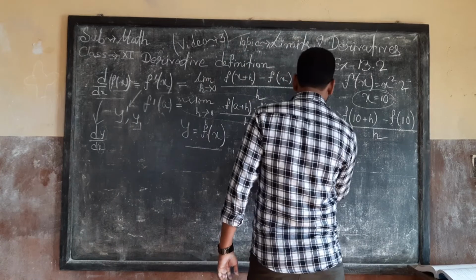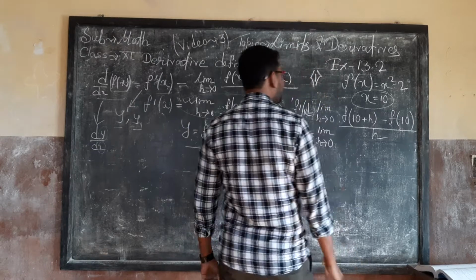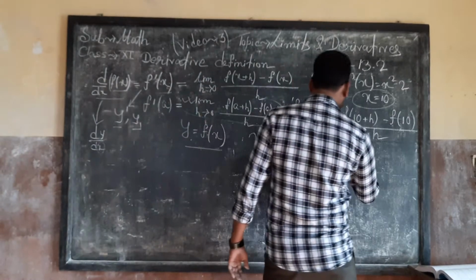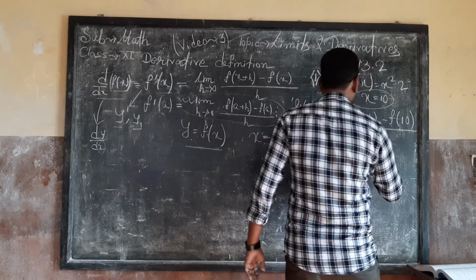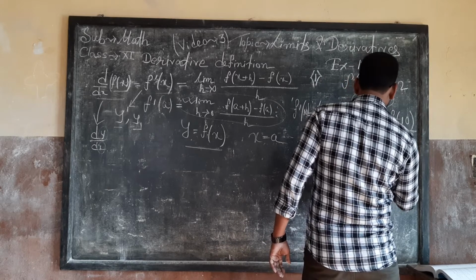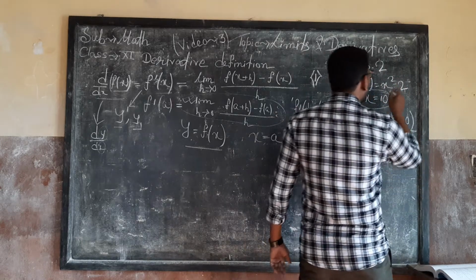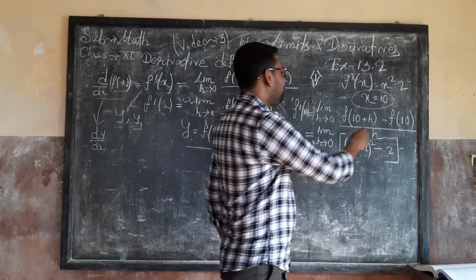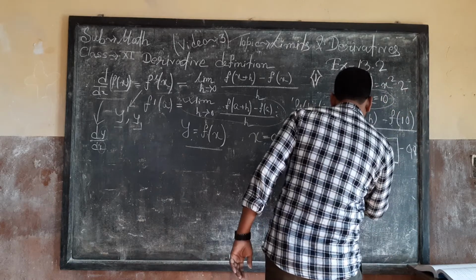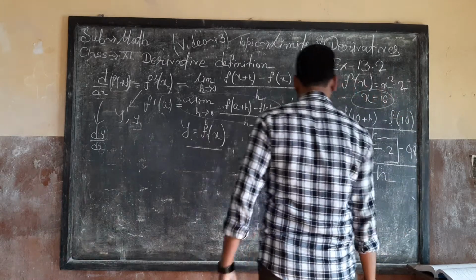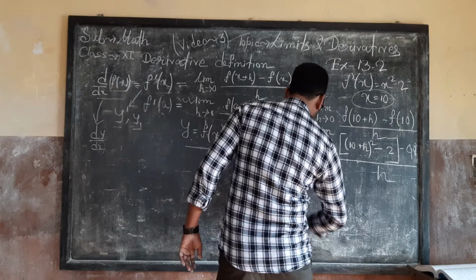Okay, so from this we can write the limit h tends to 0, and this time write (10 plus h) whole square minus 2 minus f(10). What is the value of f(10)? That means 10 square minus 2, 98, okay, by h.